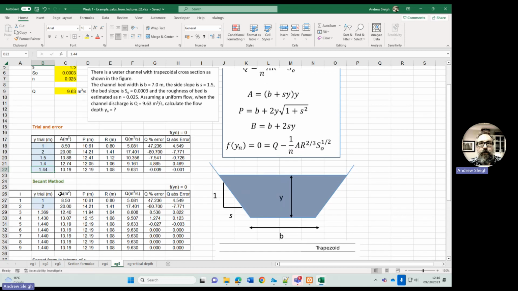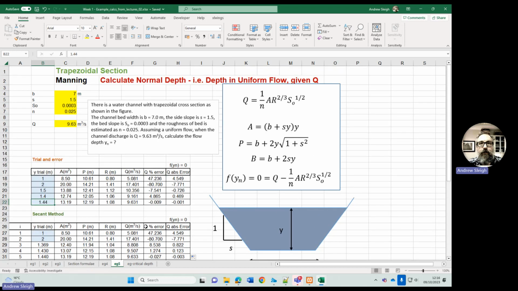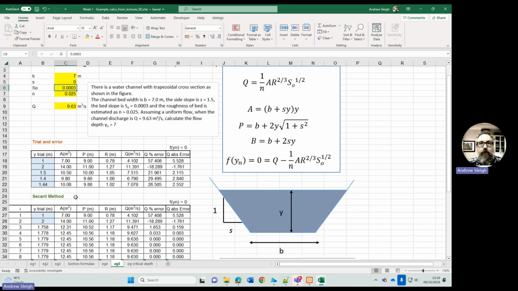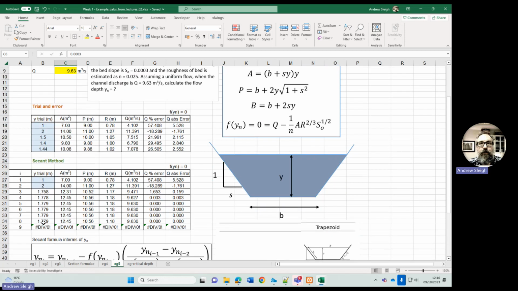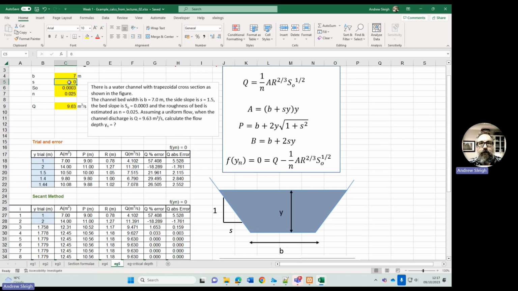Okay, that's the most useful sheet we've done up to now, because the trapezoidal channel can approximate a rectangular channel by putting s equals 0. So if those side slopes moved up, we'll see that the secant method has said it's 1.77 meters deep, which you'd expect that to be with no side slope, and we'll put that side slope back.